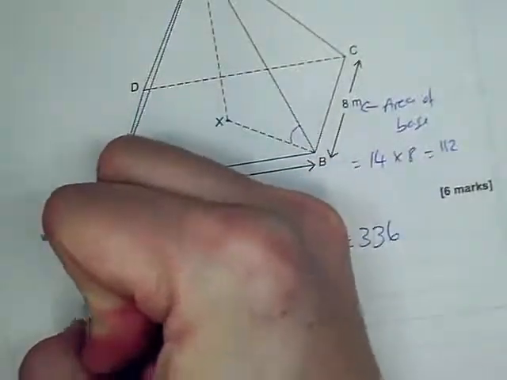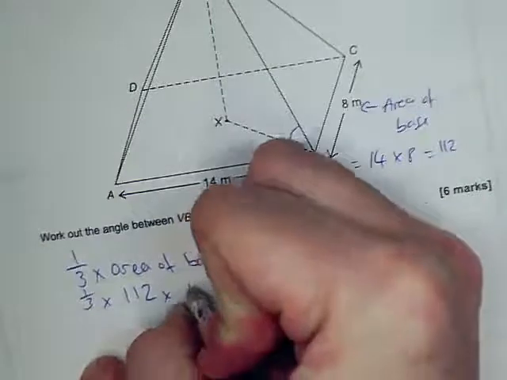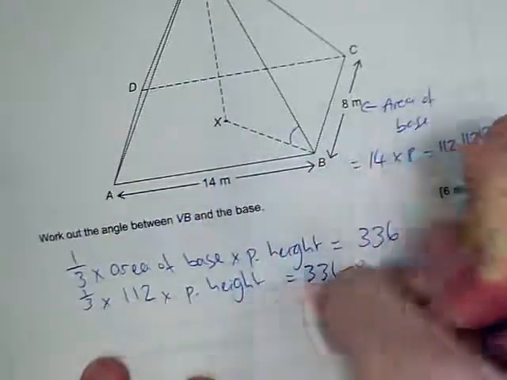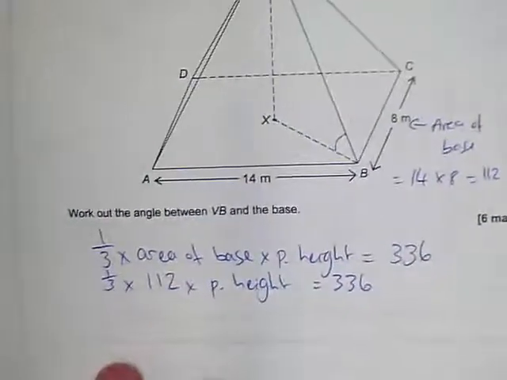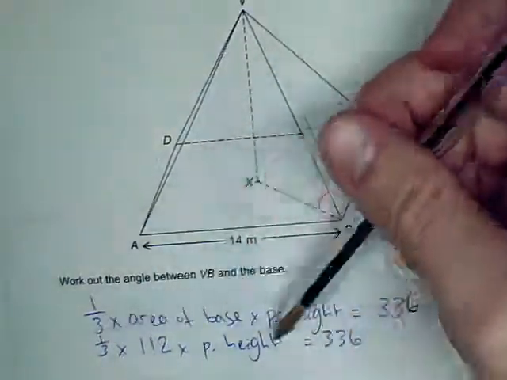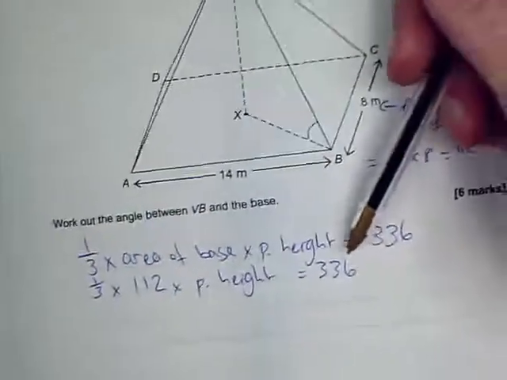So a third times 112 times the perpendicular height equals 336. Now the perpendicular height I'm not told, but it's the only thing in this equation that I don't know, so I can solve it like an equation.